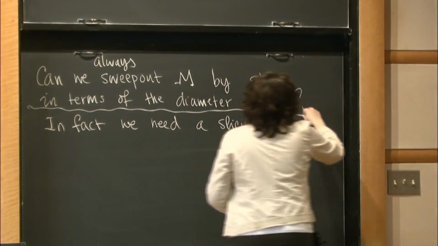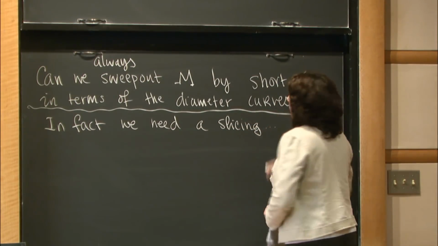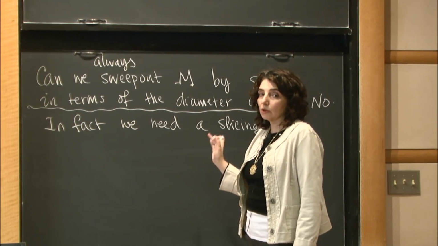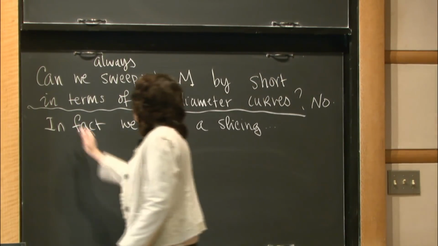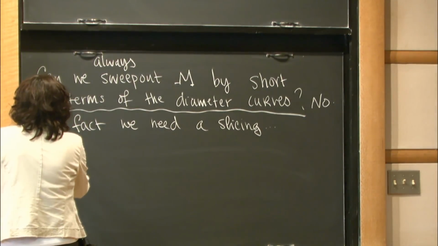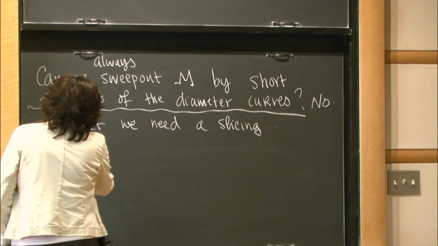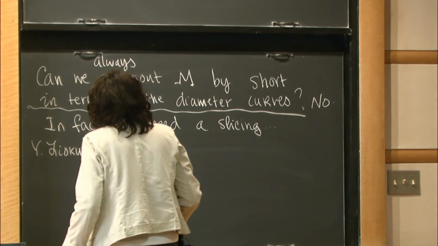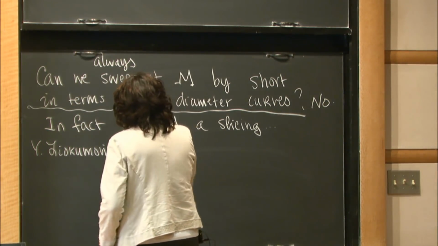The answer is no. We cannot hope to always sweep out by curves that are short in terms of diameter. The answer to this question was obtained by Evgeny Lyavkumovich, but that is based on an earlier result.